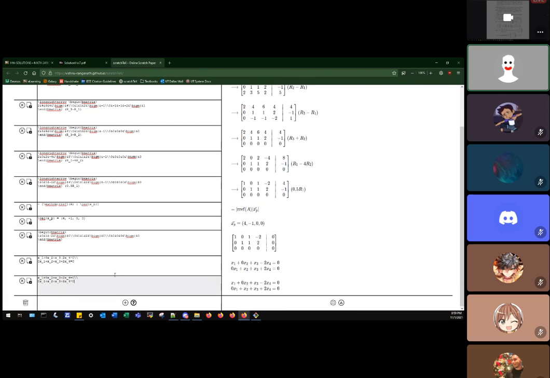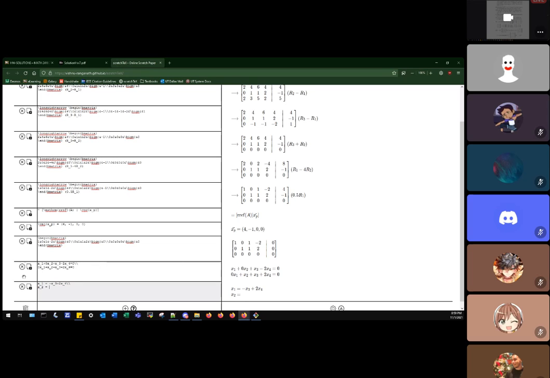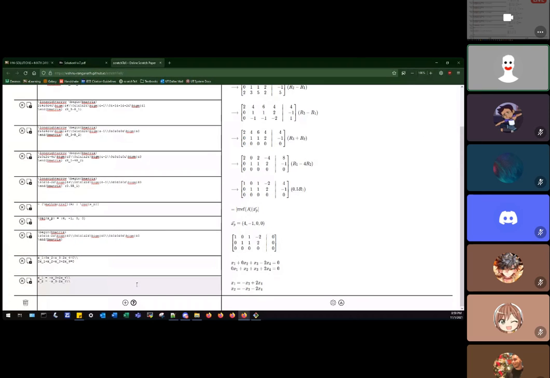So you say x1 equals negative x3 plus 2x4, and x2 equals negative x3 minus 2x4. Right? And then we also recognize that x3 and x4 are free.